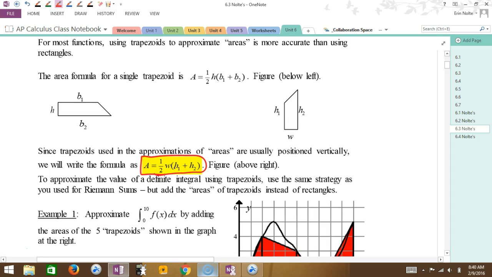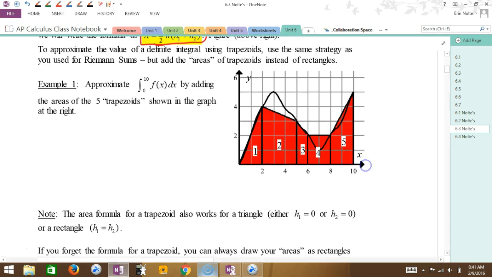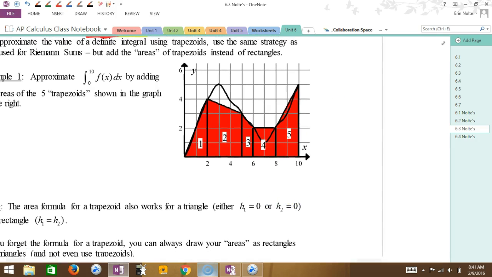Okay, so this little trapezoid is the one that you're going to kind of envision. You have your width, which is the base length, just like what we were doing with the rectangles, and then all you do is add the two heights of the two tops. The nice thing about this rule is you can see in this example that it gives you a more exact estimate.